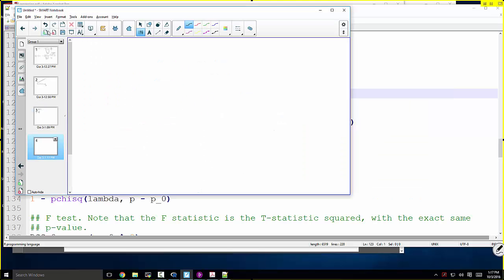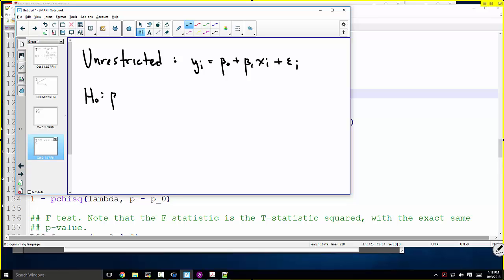if this is our unrestricted model, yi is equal to beta 0 plus beta 1 xi plus epsilon i. And we wish to test null hypothesis that beta 1 equals 0, then the restricted model is the model that would apply if beta 1 was equal to 0. So it's just yi equal to an intercept.